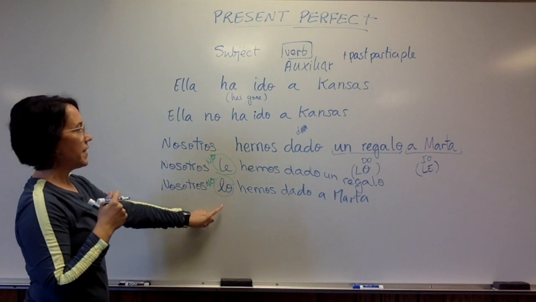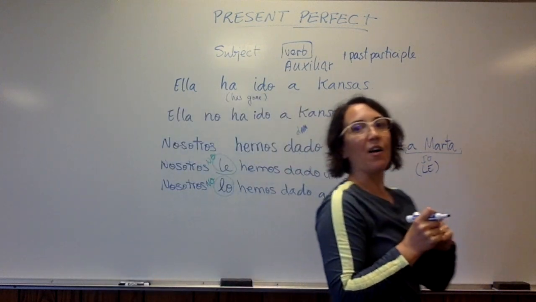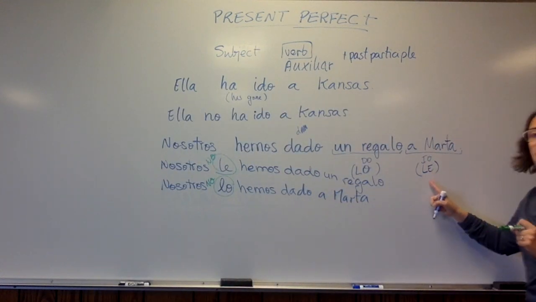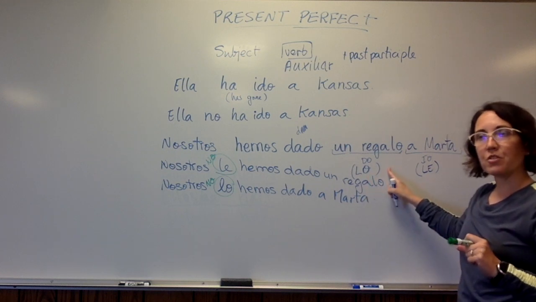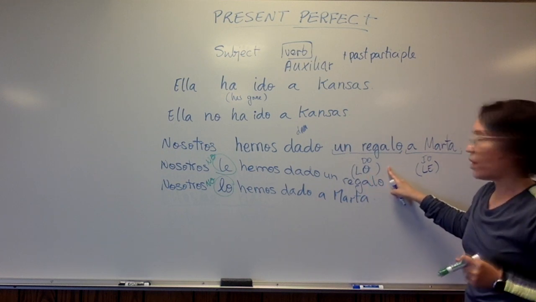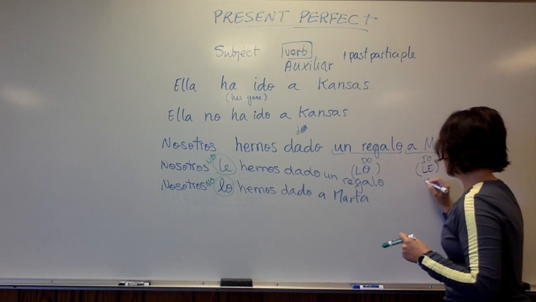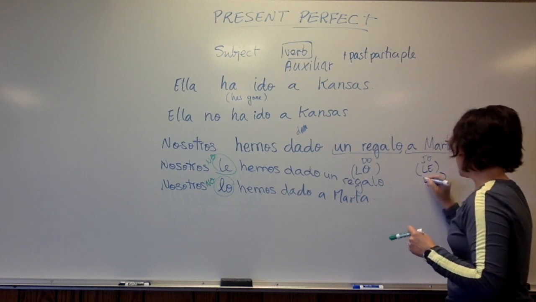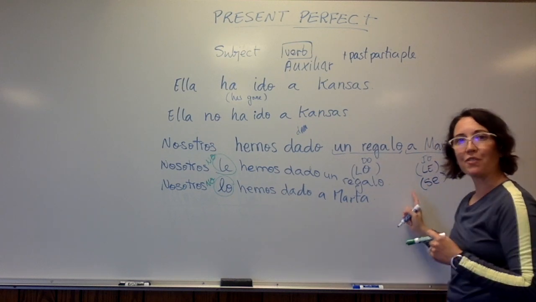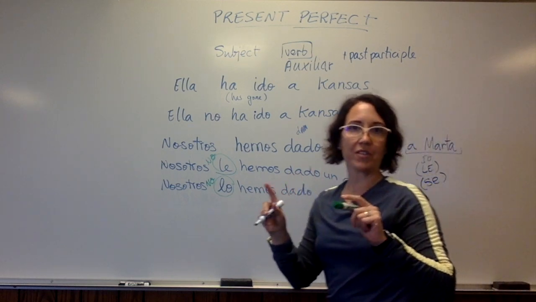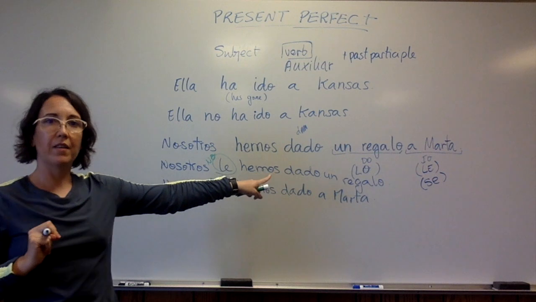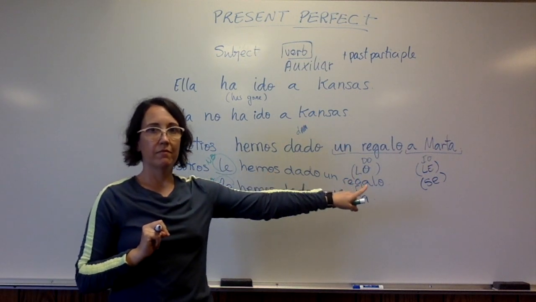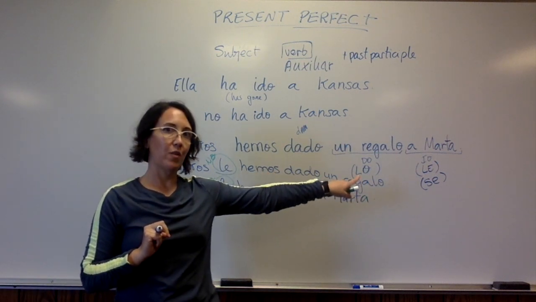You can combine these two pronouns, however. Le, when combined with another third person pronoun, direct object, becomes se. Okay? And that's why in your notes you have the se between parentheses, implying that you only use se when it's placed together with lo.